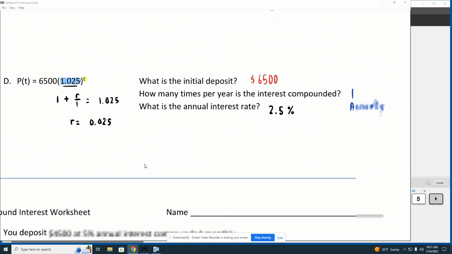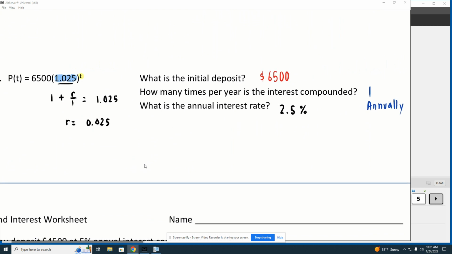Okay? So what do you think? Y'all feel pretty good about compound interest? And continuously compounded interest? Yes, no, maybe? A little bit? So your homework on this page that I'm giving you now is the first 8 problems. 1 through 8.